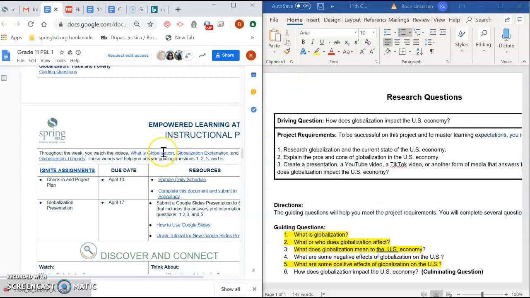In order to help you to answer those, they have linked three videos. These are the three videos: What Is Globalization, Globalization Explained, and Globalization Theories. It's not the only thing that you can use to answer it, but it does answer these four questions.